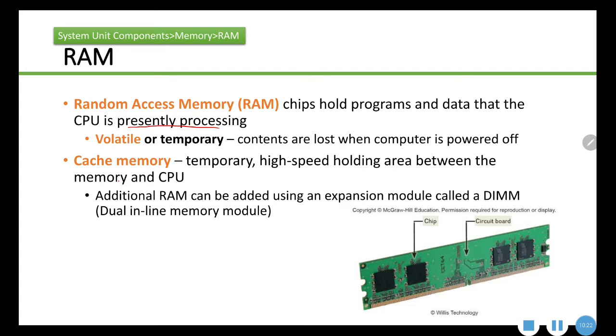We can have additional RAM added using an expansion module called DIMM, dual inline memory module, so we can expand our RAM. This RAM is volatile, meaning the memory can be lost when the power is off.